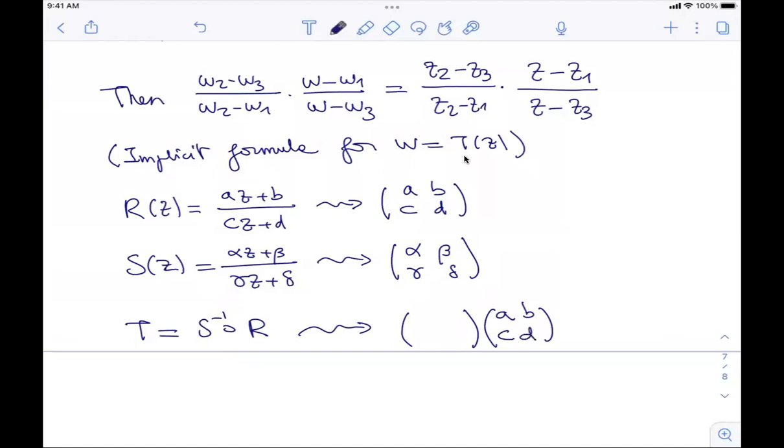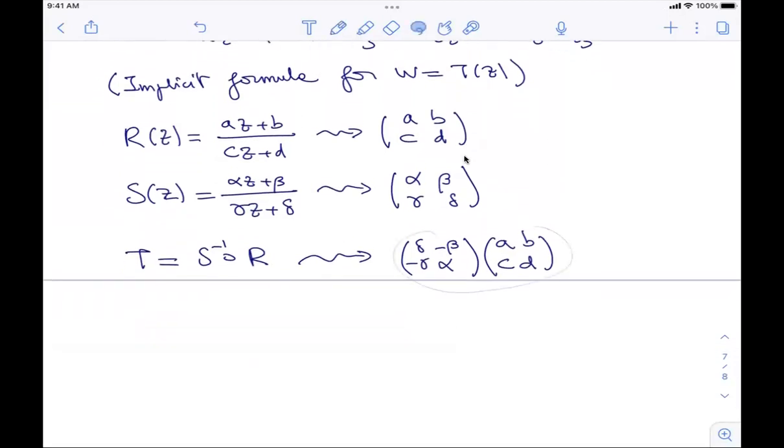The inverse is always very easy. You just change the elements in the main diagonal and change the signs on the anti-diagonal. And you don't have to worry about dividing by the determinant, because multiplying by a number doesn't change the transformation. Okay, so this is very straightforward.